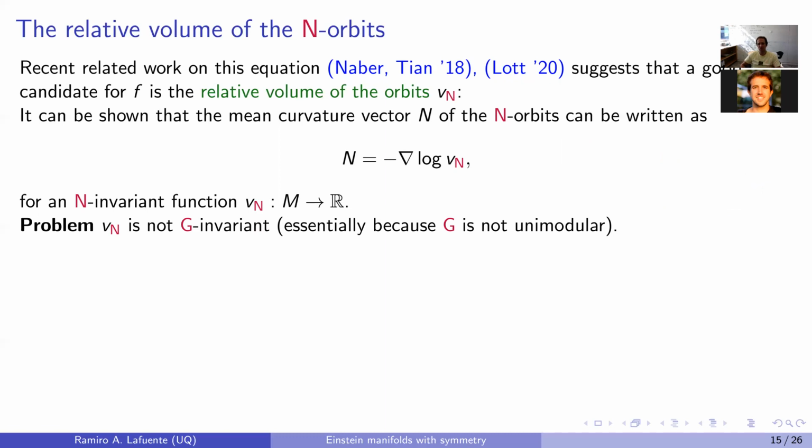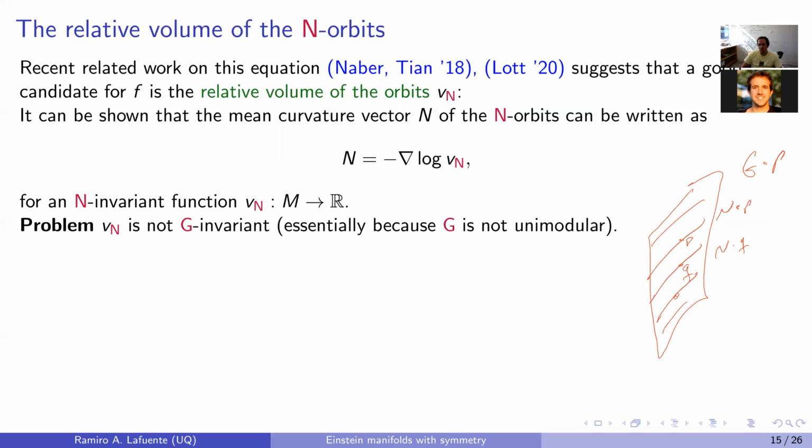Essentially, because the group G is not unimodular. That means that if you look at the G orbit, there are the N orbits, which are of codimension 1 in the G orbit.